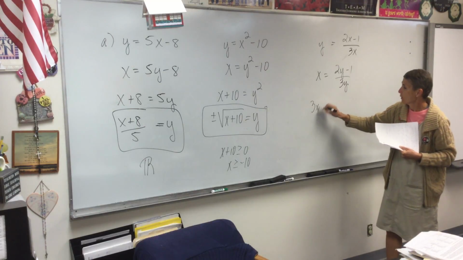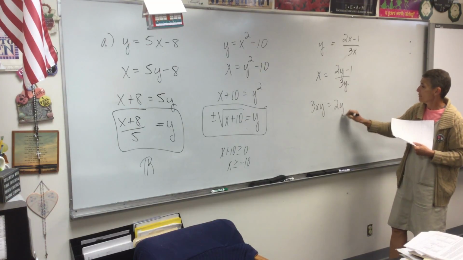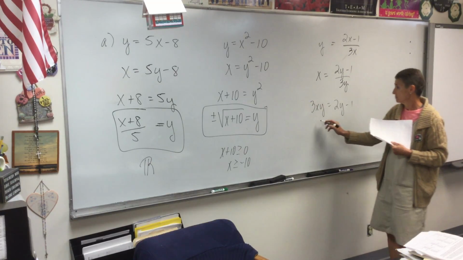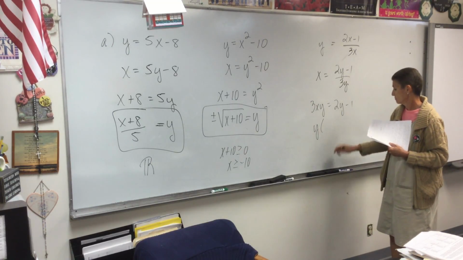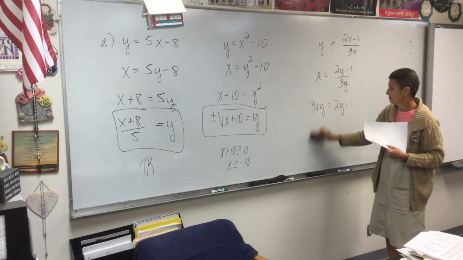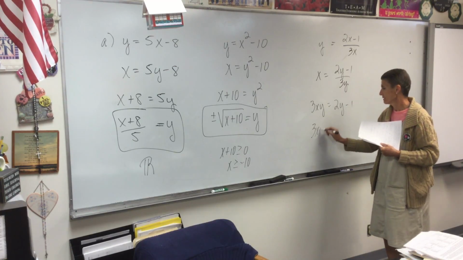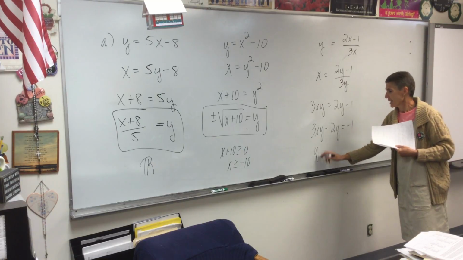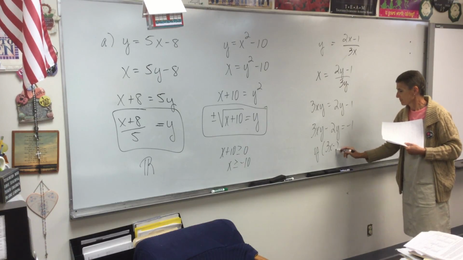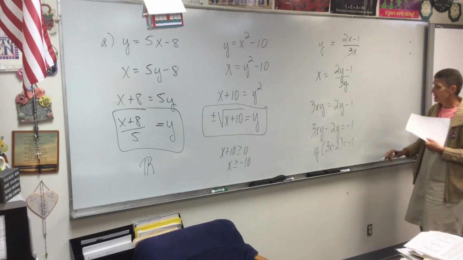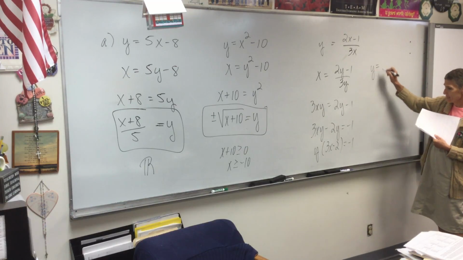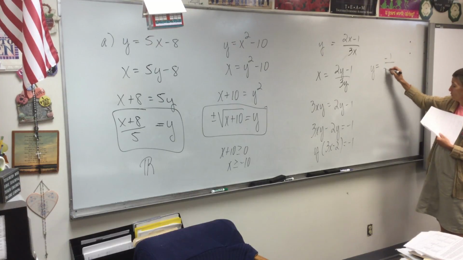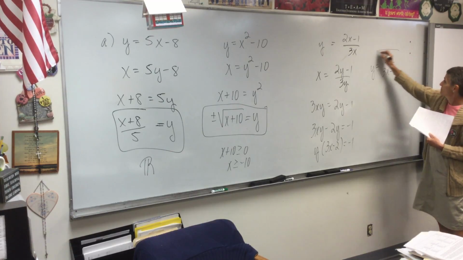So we have 3xy equals 2y minus 1. Now let's put everything with a y on the same side. Now we can factor it out. And now we'll divide. So y is equal to negative 1 over 3x minus 2.